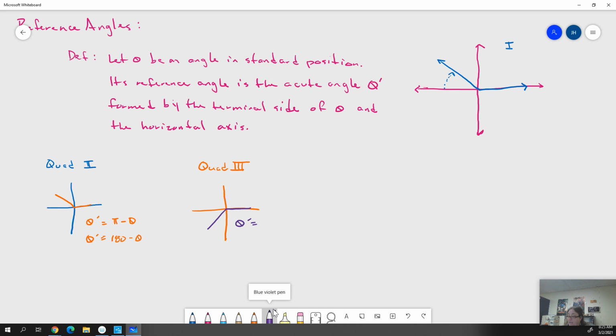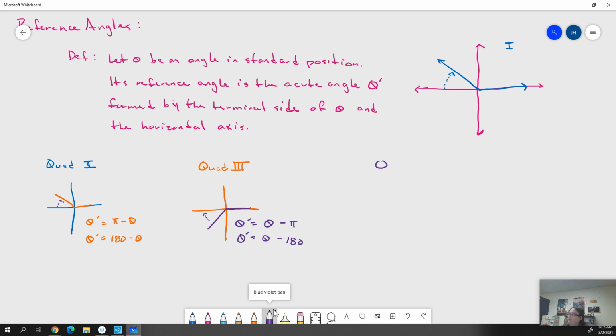When we want to find that, we're going to take theta and subtract pi, right? Because now this here is our reference angle. If we want it in degrees, it's going to be theta minus 180.